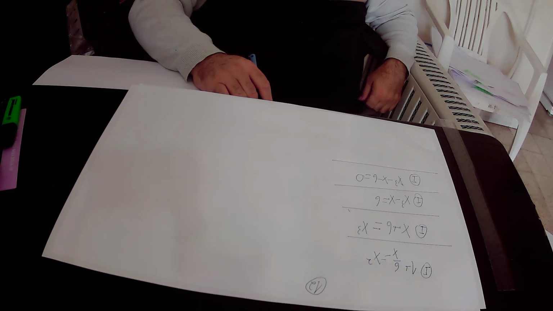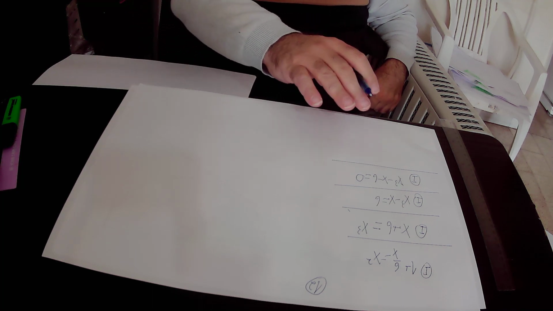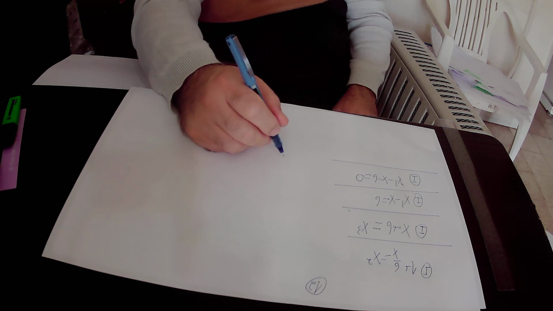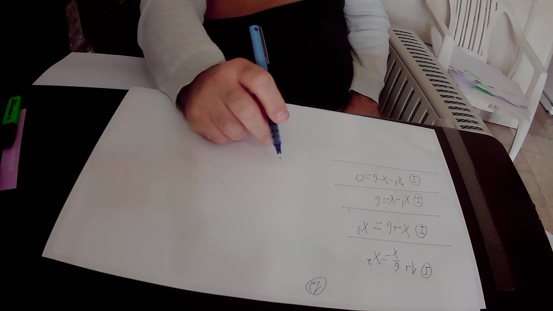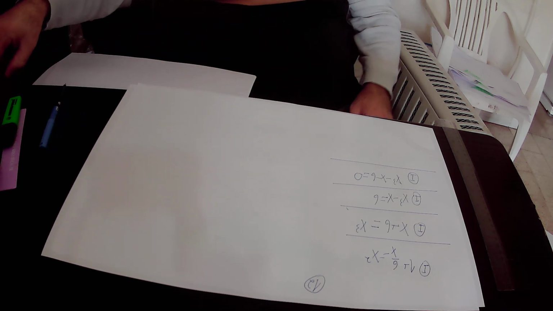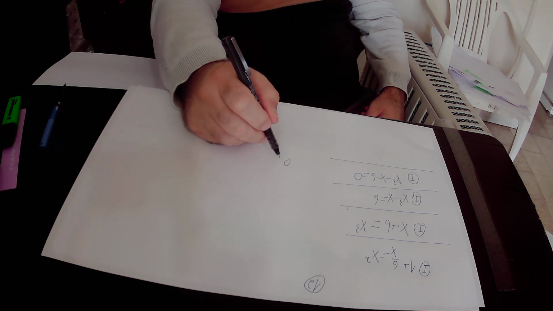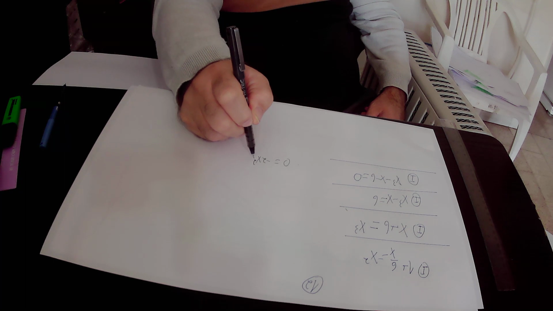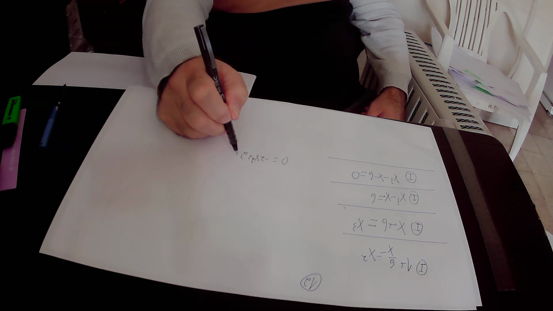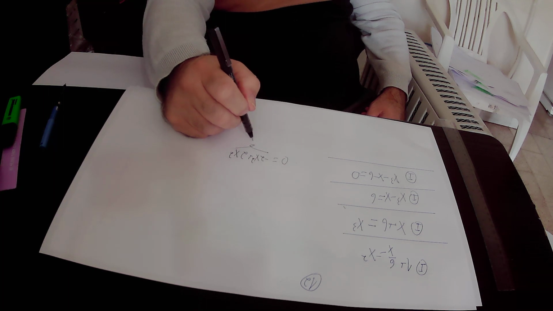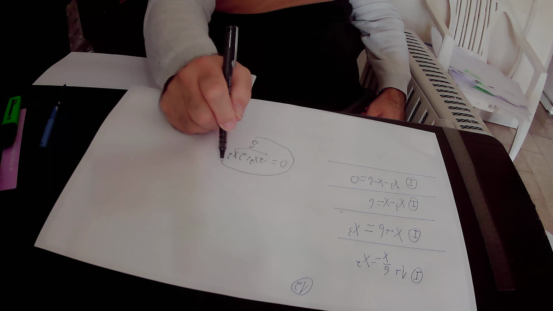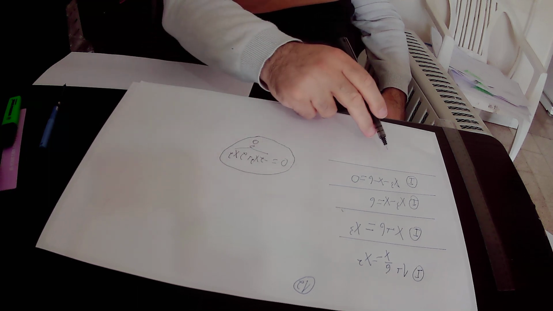Here we will add 0 to this equation. What is 0? 0 equals minus 2x squared plus 2x squared, which is 0. So it is allowable to add 0 to any equation. So we will add 0 to this equation.